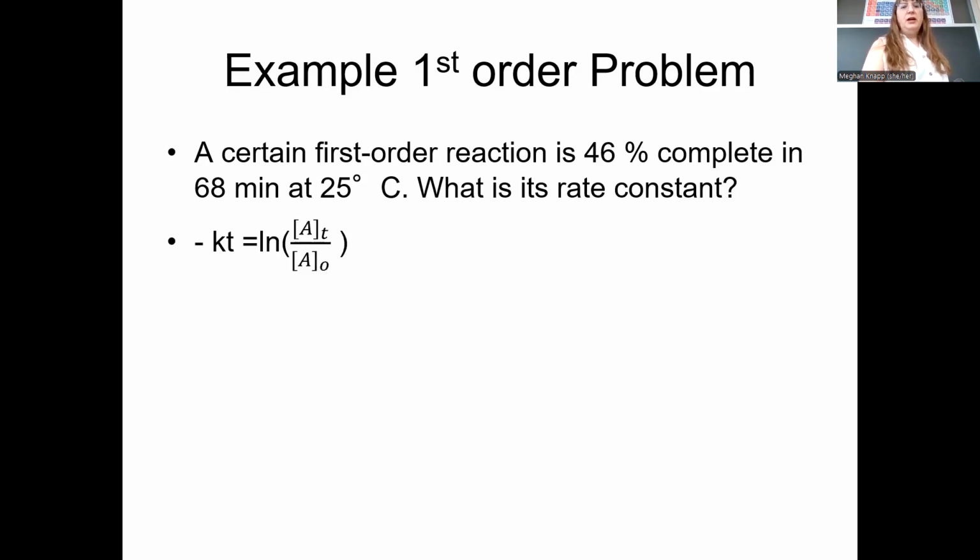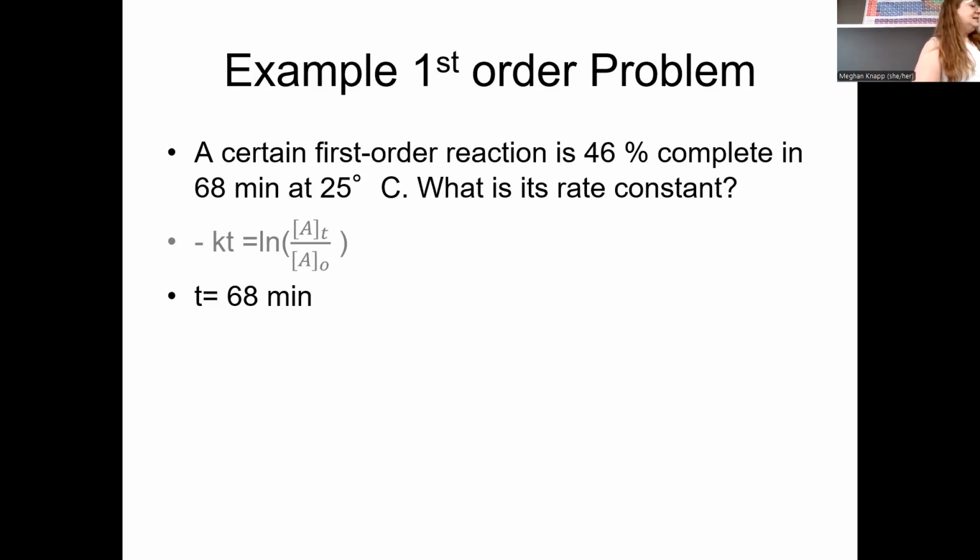Okay, we're trying to find the rate constant. So we're going to use one of the integrated rate laws. It says it's a first order reaction, so we're going to use the one with the natural log. And since we're looking for one of these two, I'm going to use the version that has the A and the A0 together. All right, so what are our different variables?